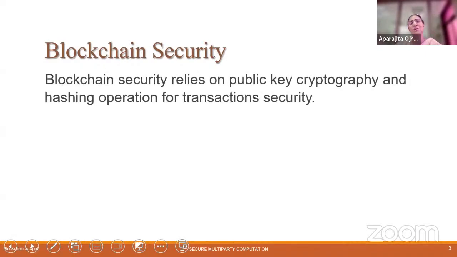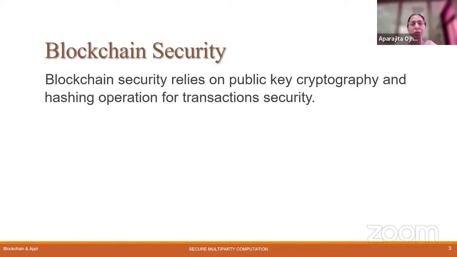So let's begin with this. Blockchain security basically relies on public key cryptography. And public key cryptography does what? For you, there is a public key and a private key. The public key you share so that other people are able to authenticate any document or message sent by you, finding out whether it has come from an authentic person or not, using your public key.